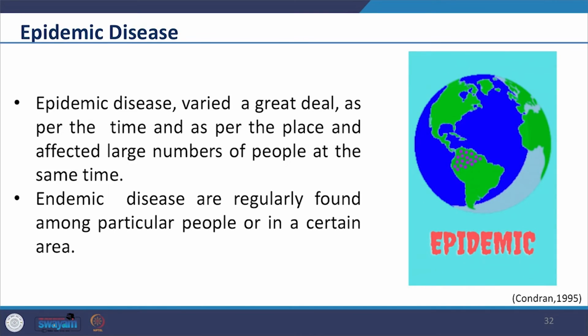Epidemic disease varied a great deal as per the time and as per the place and affected large numbers of people at the same time. We see that we have different explanations and responses compared to endemic diseases. Endemic diseases are regularly found among particular people or in a certain area. We see that public interventions had a greater role to play than the private activities.